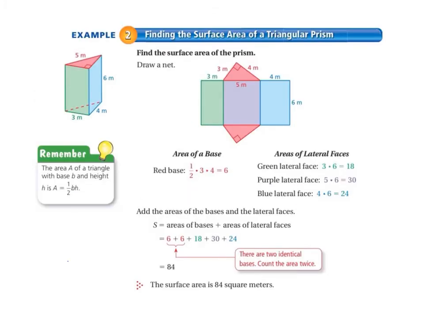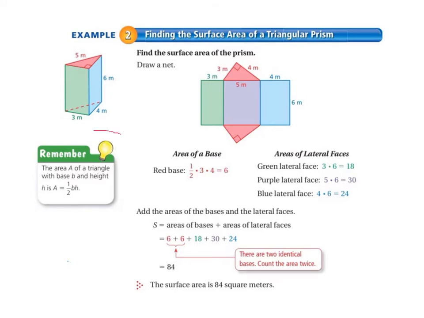Now we will be moving on to example 2, finding the surface area of a triangular prism. So we're going to be doing the exact same thing that we did on the previous slide, only on this slide we have triangles added to our shape. So we need to remember what the formula for finding the area of a triangle is.